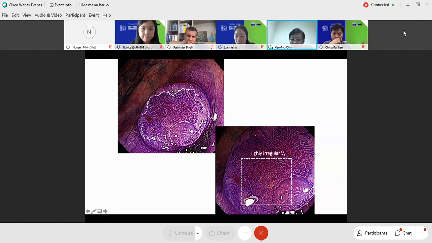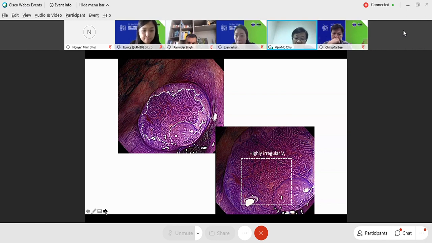And in a small area, we observe a highly irregular 5I pit pattern. So in this specific case, even though this lesion is less than 1 centimeter, it already invaded into the submucosal layer deeper than 1,000 micrometers.